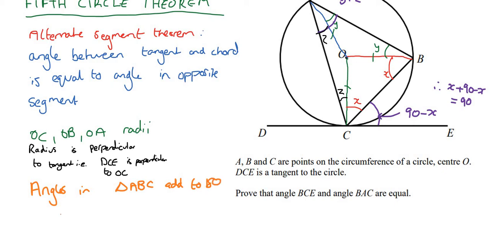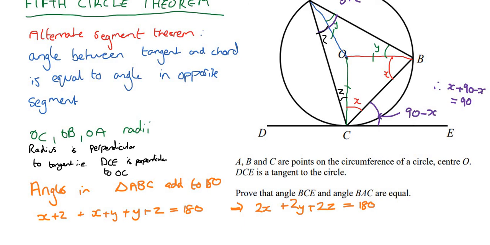In particular, let's add them all up. Well, we've got x plus z plus x plus y plus y plus z. Right, and we can simplify this, so let's do that. Well, we've got 2 lots of x, we've got 2 lots of y, and we've got 2 lots of z, equal to 180.